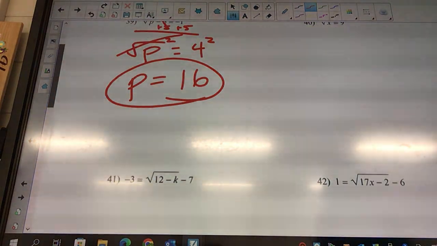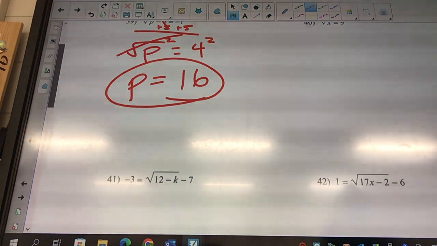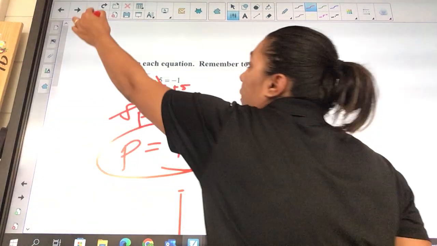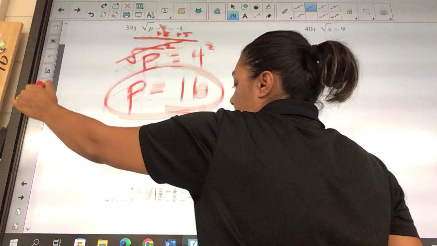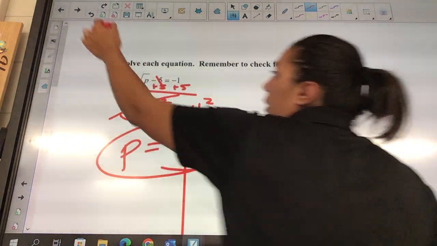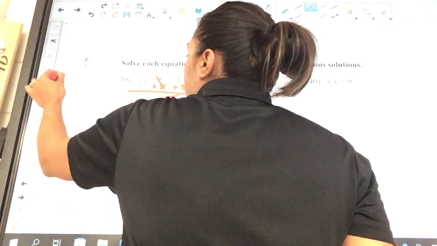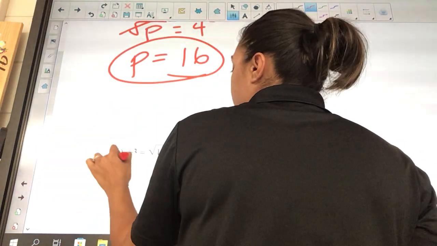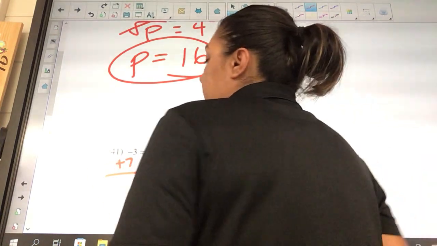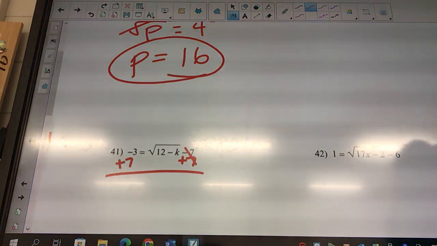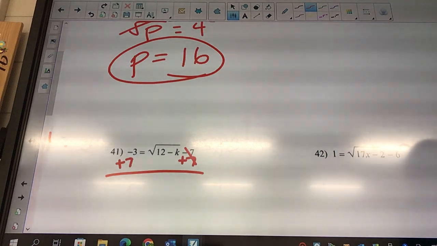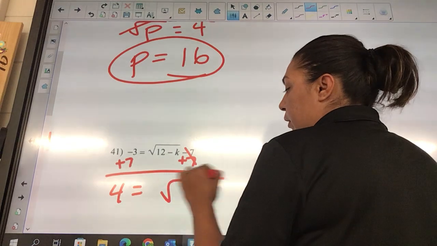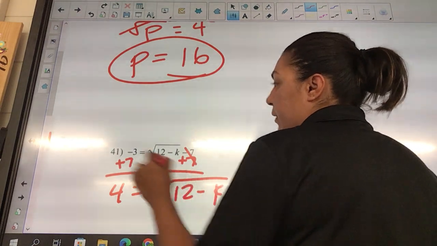Okay, 41. What needs moved first? 7. Good. So we're going to say plus 7, plus 7. What is negative 3 plus 7? 4 equals square root of 12 minus k.